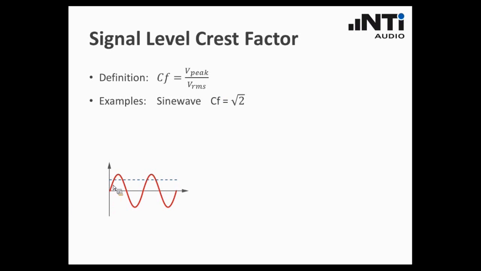Here we have a sine wave. We have the RMS voltage, which is represented by this dotted blue line. And we have, of course, the peak voltage, the top voltage achieved by the sine wave. The ratio between these two values is the square root of 2. This is a fixed value for sine waves.